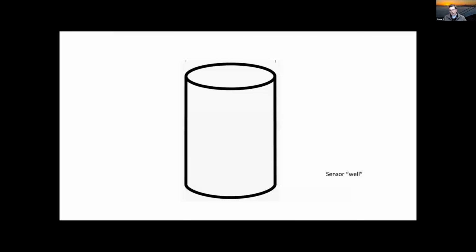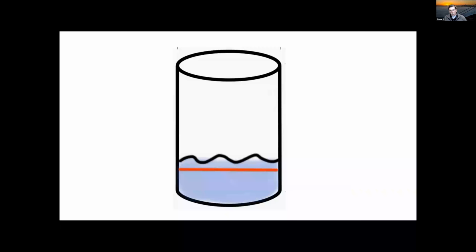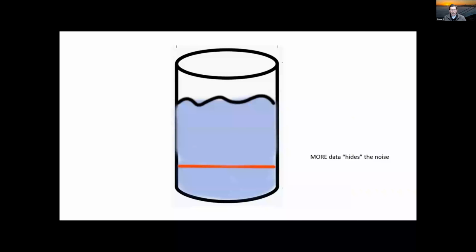So here's another way of looking at it. Here's the sensor well in the photosite. The red line represents the base level of noise produced by the camera. And the wavy line is pretty much a dark image that's intermixing a little bit with that noise. Now, if we can boost the light that the photosite is capturing, getting more photons, ultimately we end up hiding that noise.